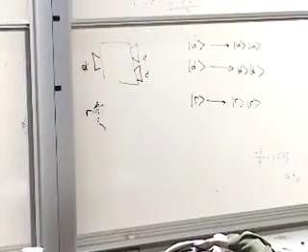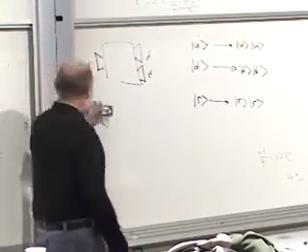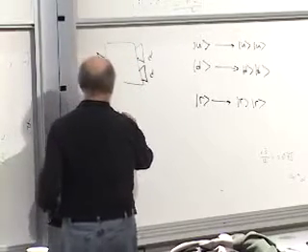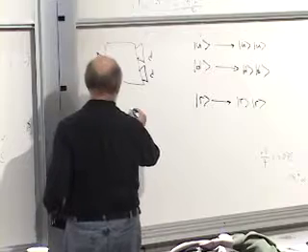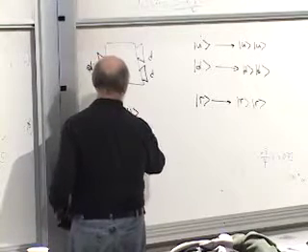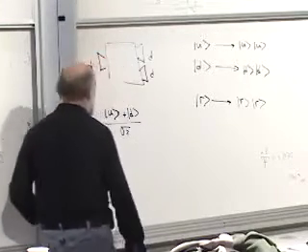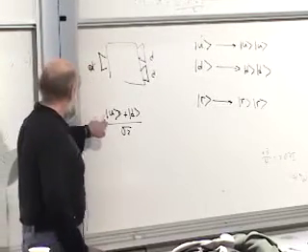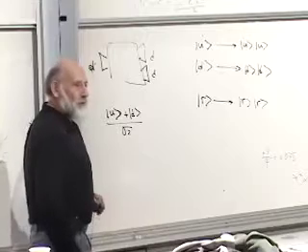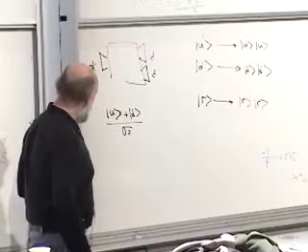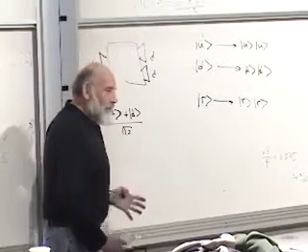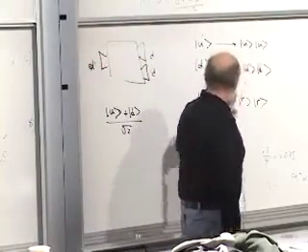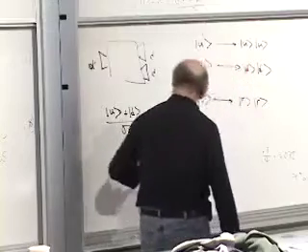Okay. But what is the right state? The right state is just up plus down, divided by square root of 2. So what I've actually put in on the left-hand side is up plus down over the square root of 2. But I know what I get out if I put in up: I get up, up. If I put in down, I get down, down.